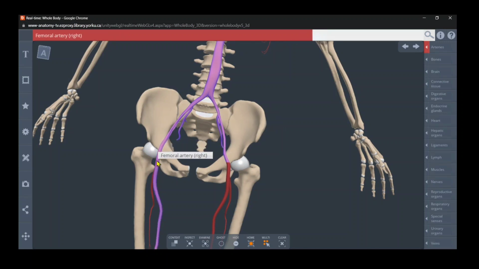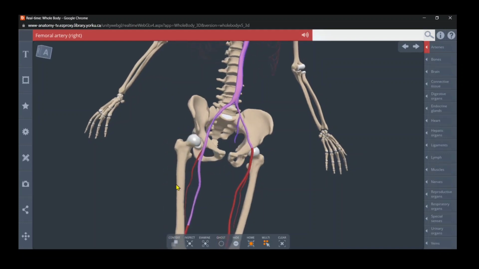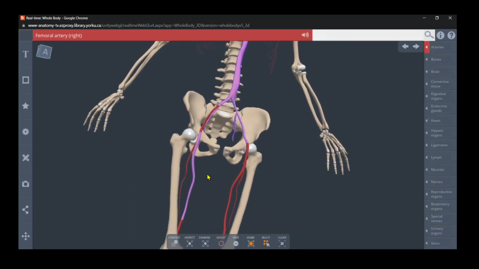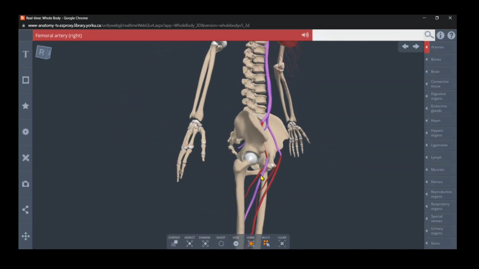It changes name into the femoral artery. And why is that called the femoral artery? It's because it's at the femur. So if I actually remove that right there, you can see the femoral artery right at the femur. The femoral artery is going to give us a name change and a branch.